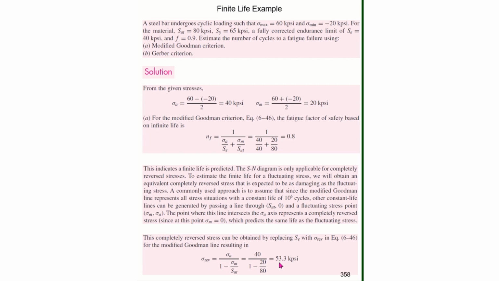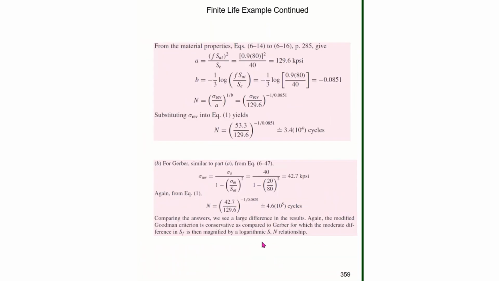Now I can use the SN diagram to determine the number of cycles. So I'll compute the A, and I can compute the B, and now the number of cycles is equal to sigma rev over A raised to the 1 over B, and I get 3.4 times 10 to the 4th cycles using the Goodman equation.